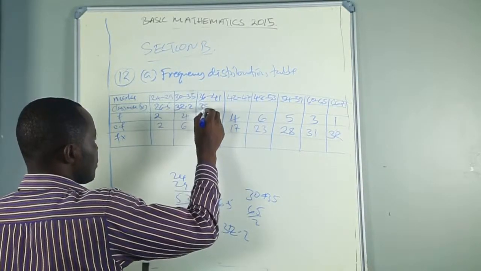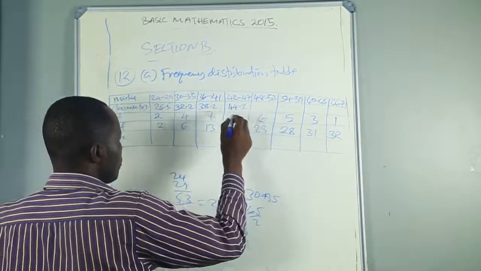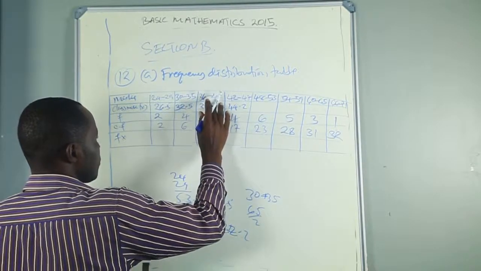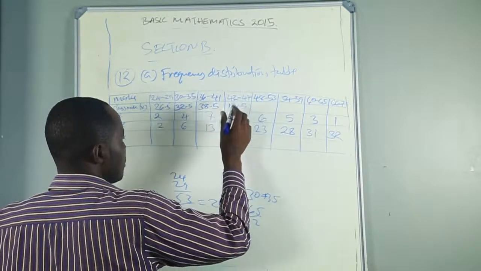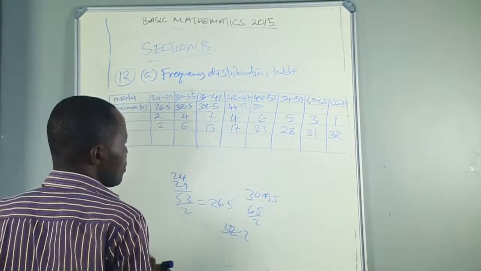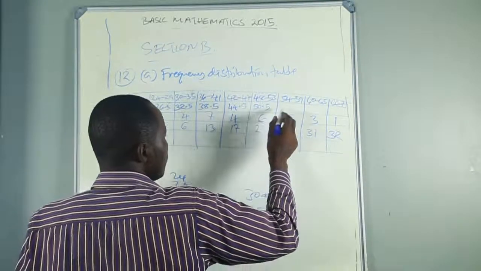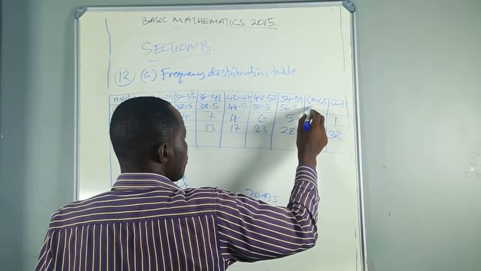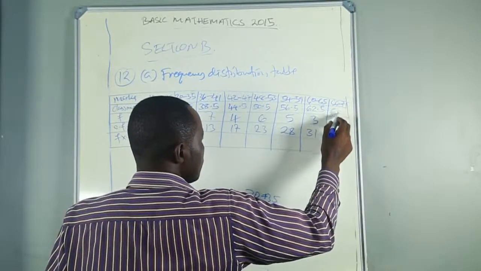This is 38.5, 44.5. This is 0.5, 0.5, and 0.5. If we add 6, 50.5. This one is 56.5, and this one is 62.5. The last one is 68.5.